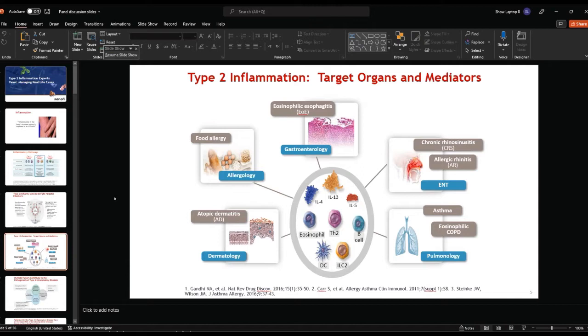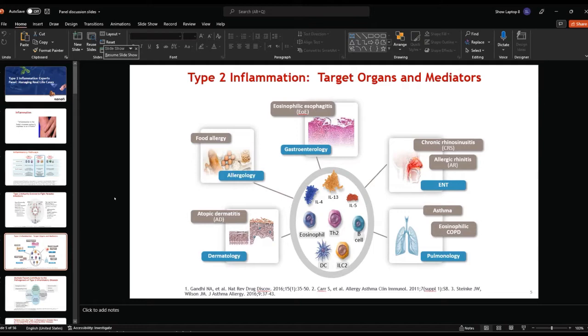You can't develop this direction of where the immune system reacts without genetic predisposition. Also, environmental and microbial factors are important in initiating this type of inflammatory process.